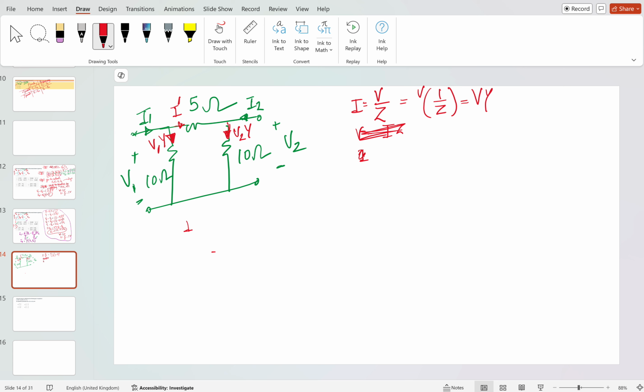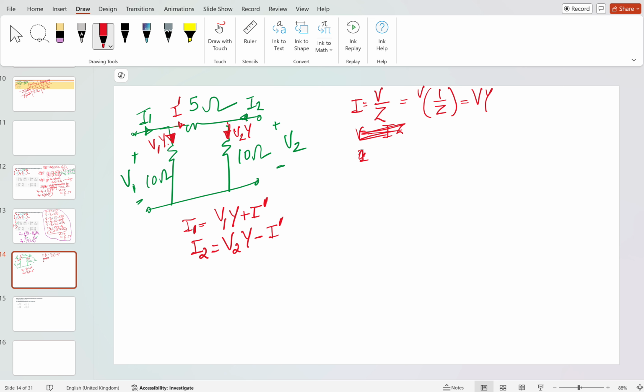So I1 is equal to V1 times Y plus I dash. Similarly, I2 is equal to V2 times Y minus I dash. Add both the equations.